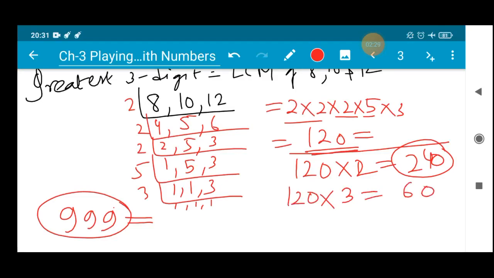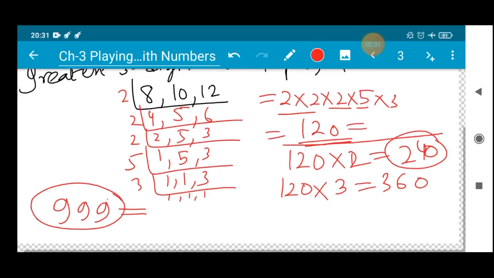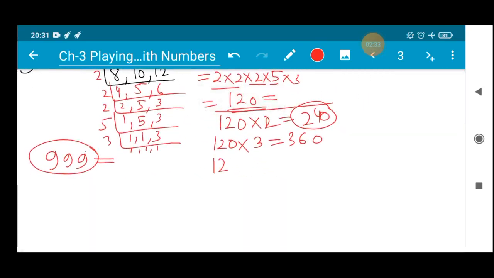So 120 times 3 is 360. Again 360 is greater than 240. So again we will go for another number. 120 times 4: 4 0s are 0, 4 2s are 8, 4 1s are 4, 480. So let's check with another number. 120 times 5: 5 0s are 0, 5 2s are 10, 5 1s are 5, 600.